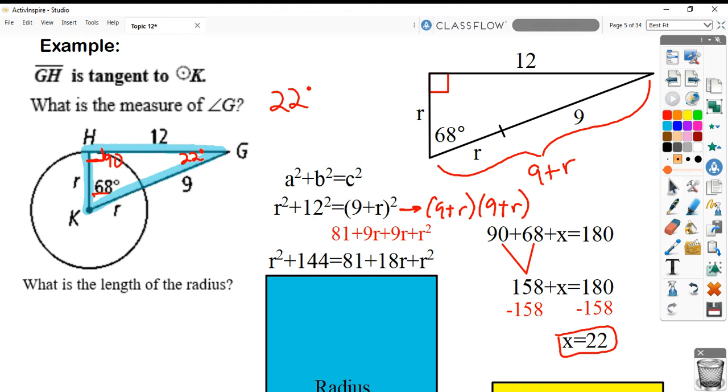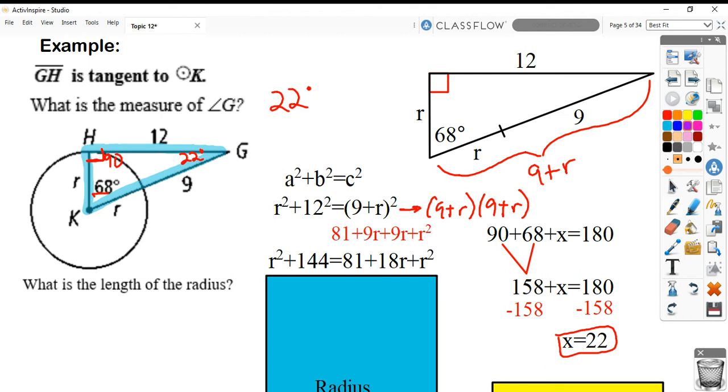So we combine all of our like terms, we simplify some stuff, and what we have is R squared plus 144 on the left. We've got 81 plus 18R plus R squared on the right. You know what's really convenient about this equation? You already have R squared on both sides of it. If you are adding positive R squared on both sides, well, R squared equals R squared, right?